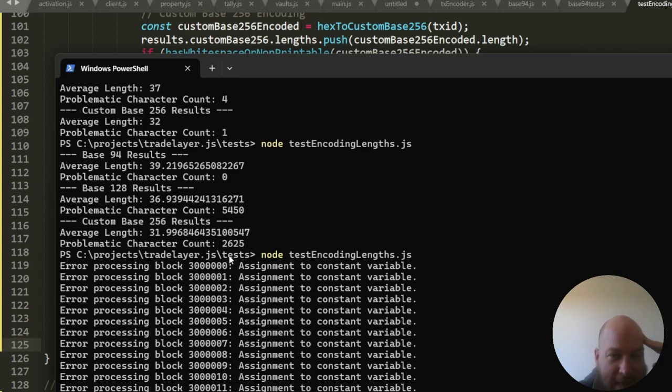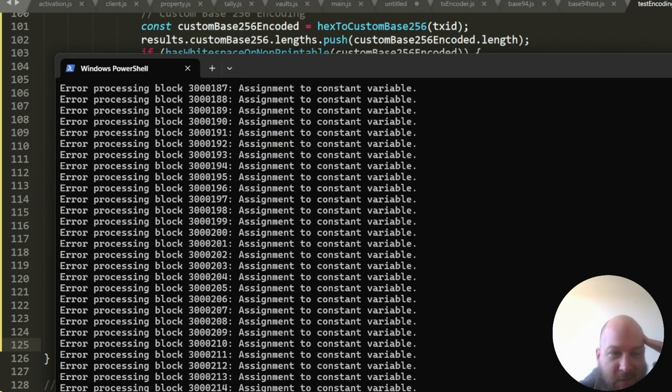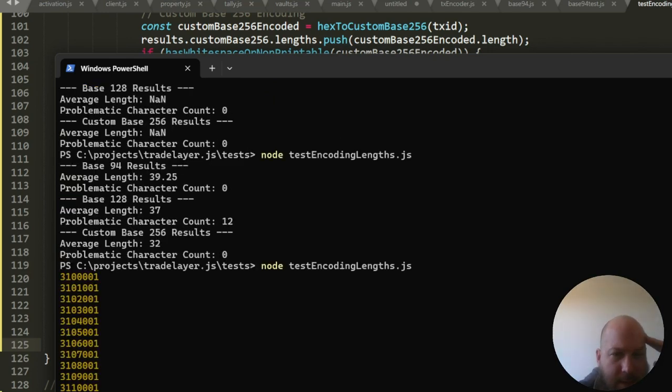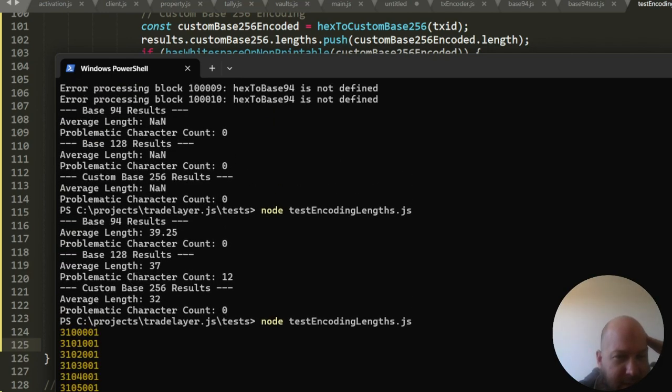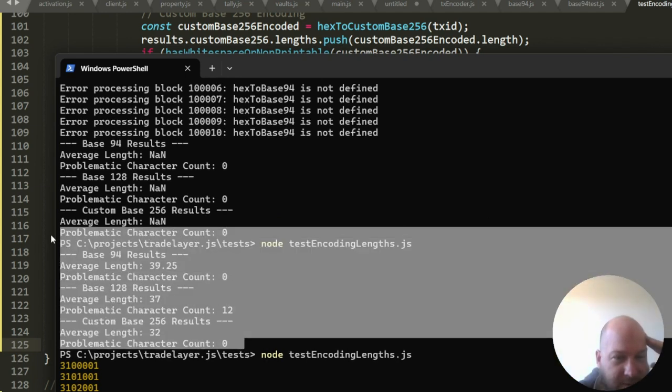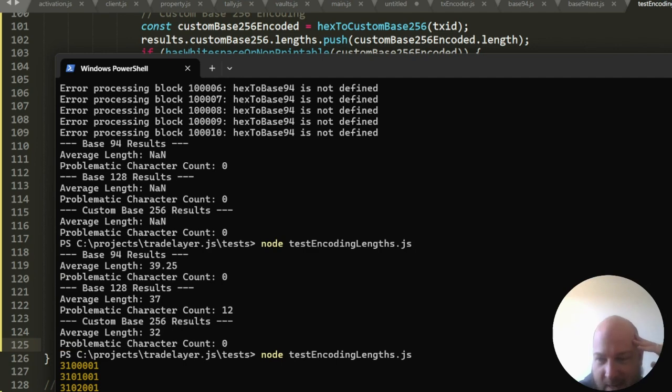And okay, so I got a custom 256 cipher to work with about half the fail rate of the 128. So that was promising. And then, after fixing a little bug due to assigning a constant, since I wanted to count the number of transactions, I was able to get something that had a 100% success rate.